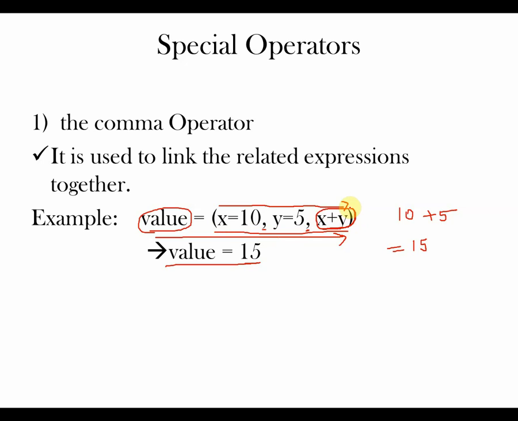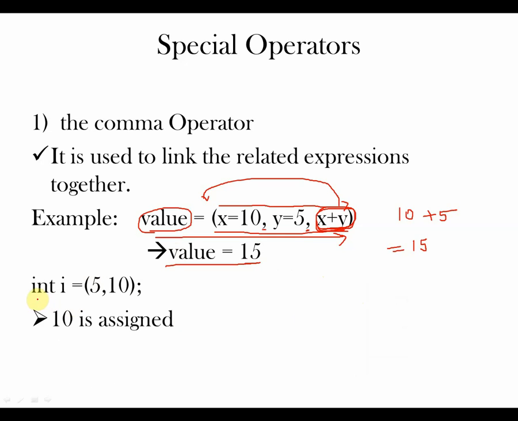What I mean by expression is an equation or any kind of an expression having variables or operators in them. So the answer of this will be what is assigned to this particular variable value. Let's take another example.